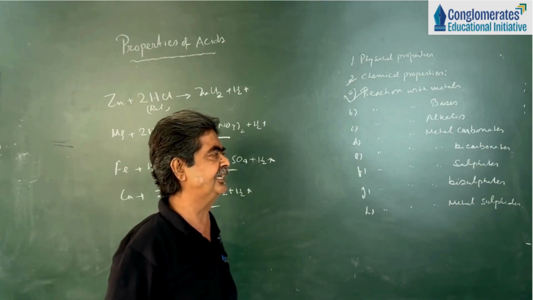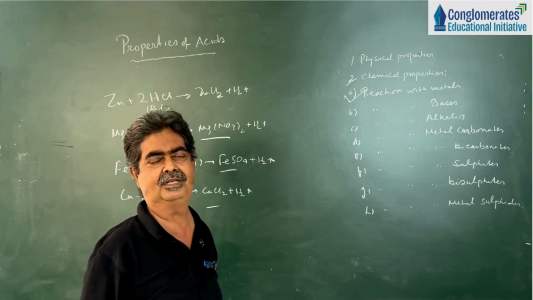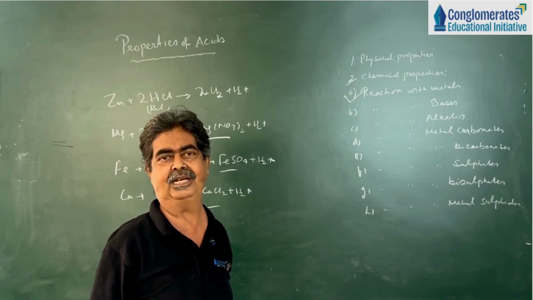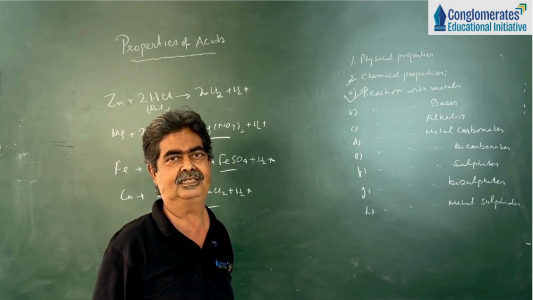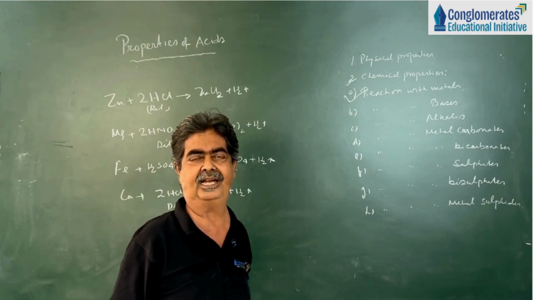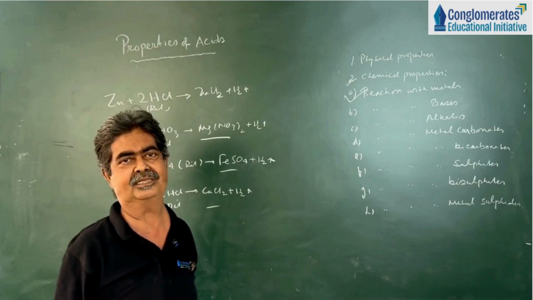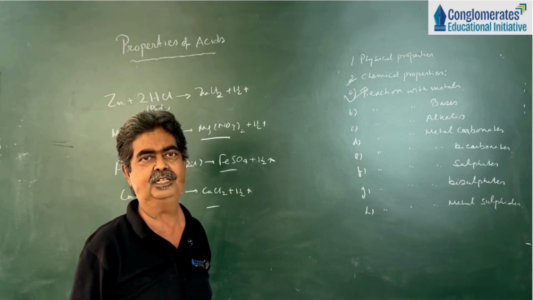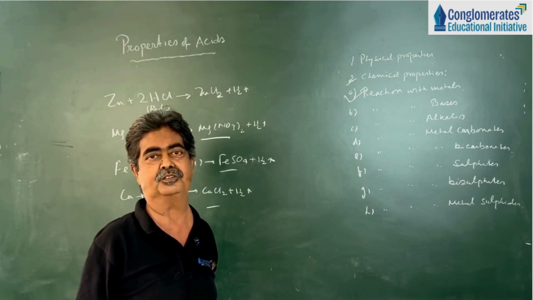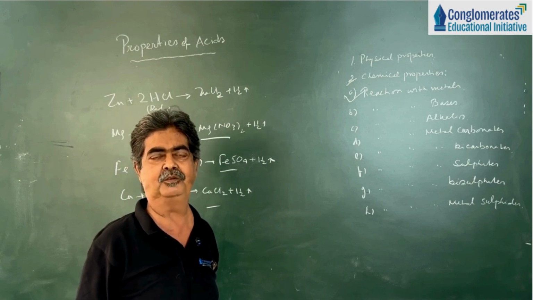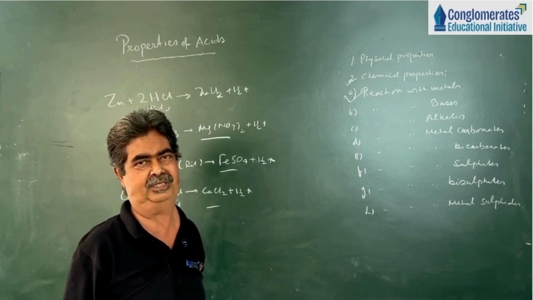There are some exceptions, like magnesium. Magnesium and manganese only react with dilute nitric acid to form respective nitrates and hydrogen gas. No other metals can react with dilute nitric acid, because you know that nitric acid is a strong oxidizing agent, so the hydrogen evolved will be oxidized to water.